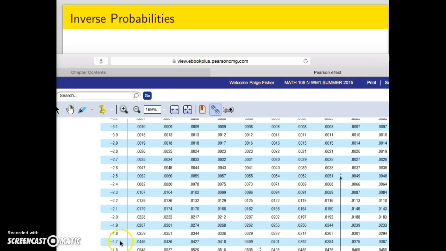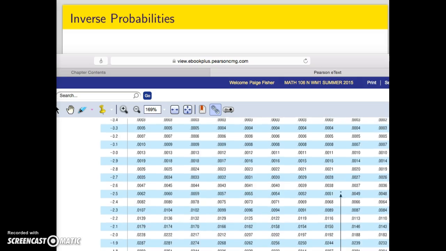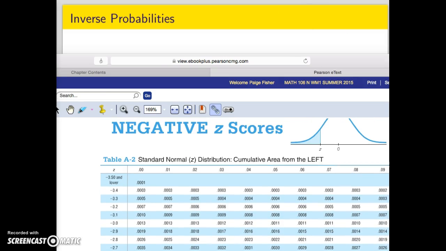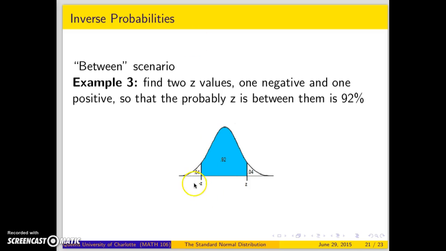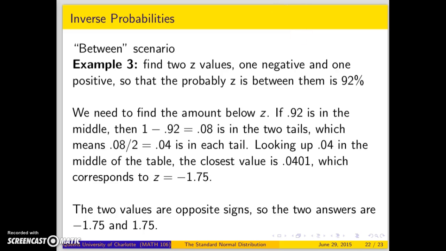So we have negative 0.7, and then 1, 2, 3, 4, 5. So negative 1.75. So we know that this side is negative 1.75, and this side is just the positive value of that. So our z-scores are going to be negative 1.75 and 1.75. And that's what we get.